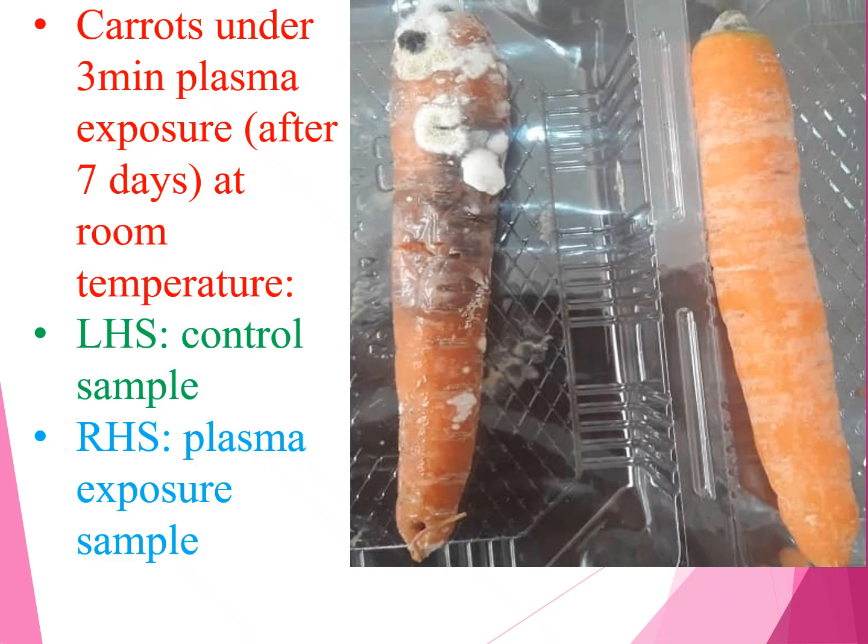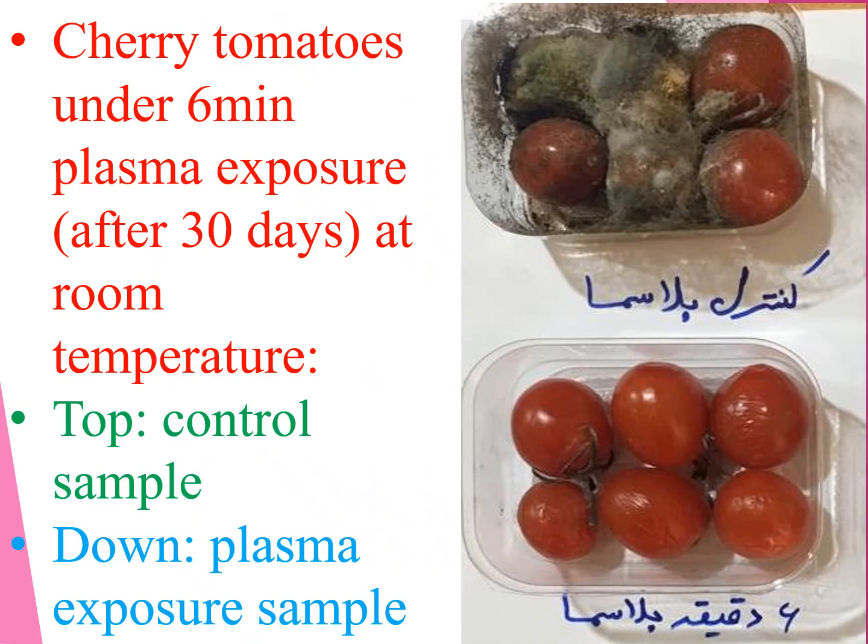As you can see, the left hand side, which is the control sample and is not exposed to the plasma, is fully damaged. Same issue is there for cherry tomatoes after 30 days at room temperature with 6 minutes plasma exposure. You can see that the bottom one is the plasma exposure one.